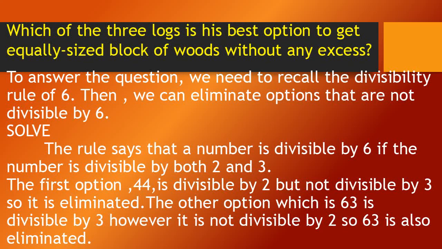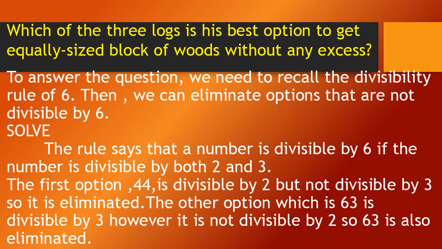The rule says that a number is divisible by 6 if the number is divisible by both 2 and 3. The first option, 44, is divisible by 2 because it ends with an even number, which is 4, but not divisible by 3 because if you add the digits, 4 plus 4 is 8, which is not divisible by 3. So 44 is eliminated.